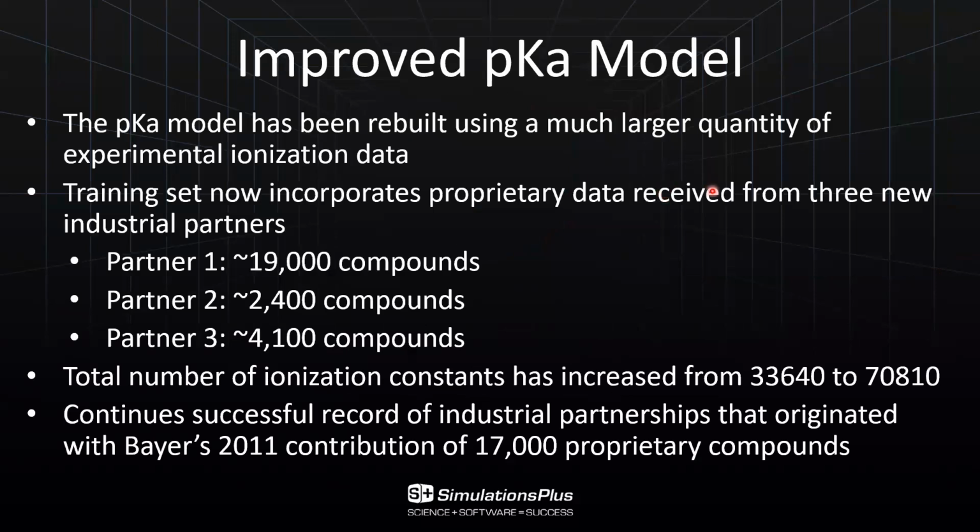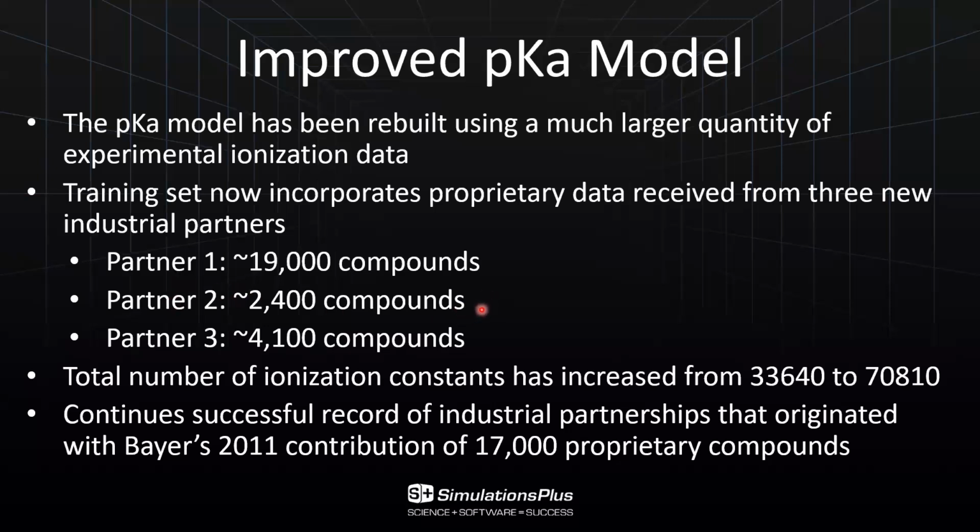Okay, so as Eric just mentioned, the flagship feature for this new release is the improved pKa model, which has been rebuilt using a much larger quantity of experimental ionization data. The training set now incorporates proprietary data received from 3 new industrial partners, identified for now at least as partners 1, 2, and 3.